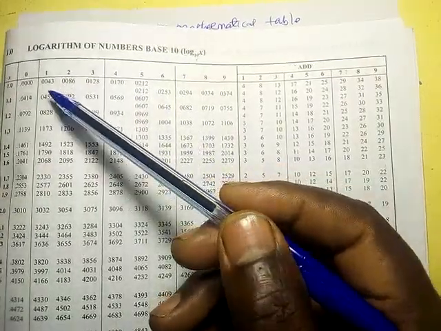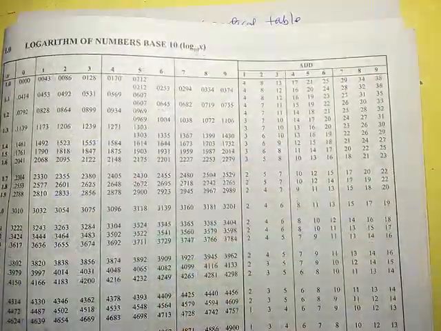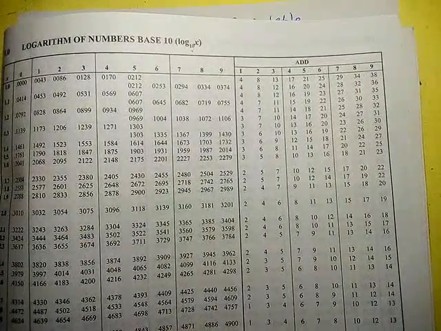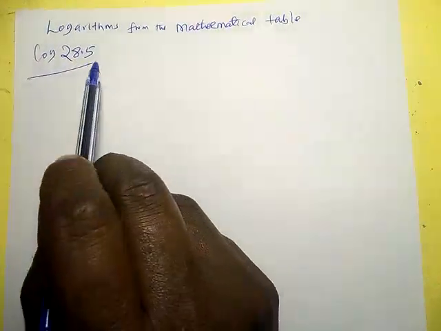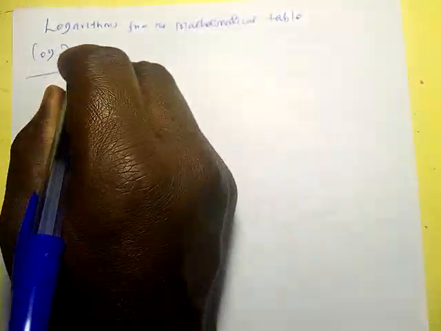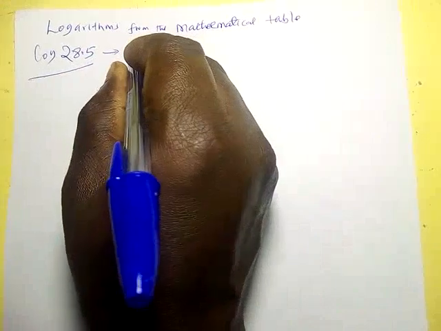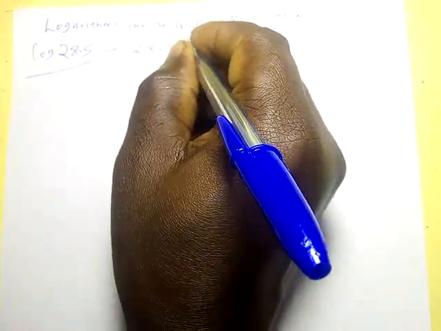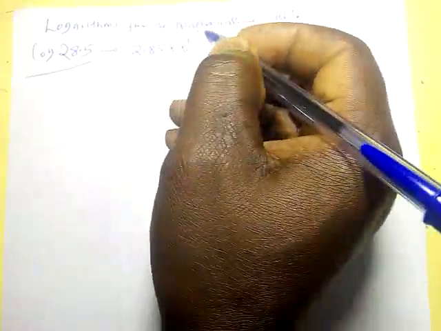So for 10 and above, there is no logarithm. We have numbers from 1 to 9.999. Therefore, if you have 28.5, you need to write that number in standard form as 2.85 times 10 raised to power 1.